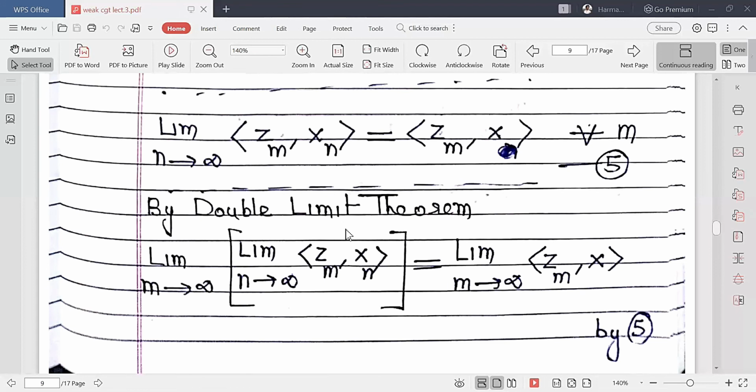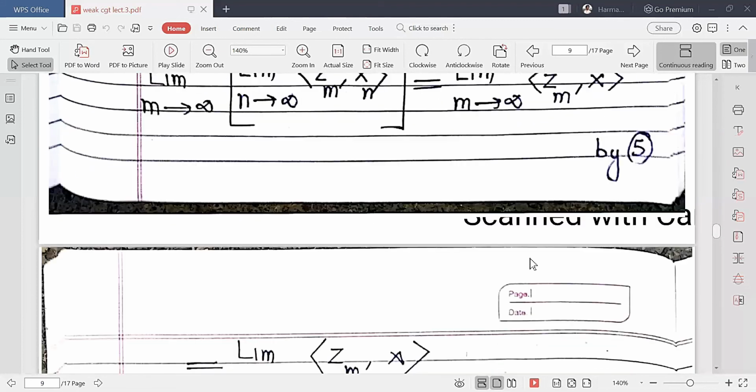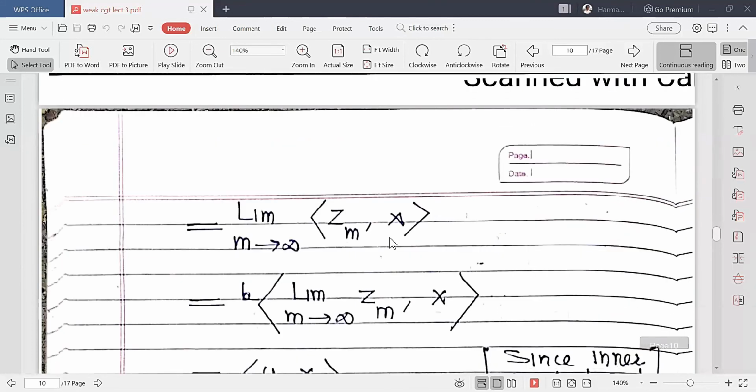Now first we find the value of this limit. Using limit n approaches infinity, this value is equal to the limit as m approaches infinity of the inner product zm comma x. So this is by equation number 5, and by using this result, this value is the inner product of zm comma x.